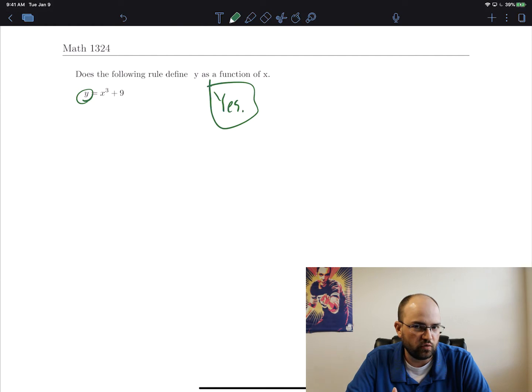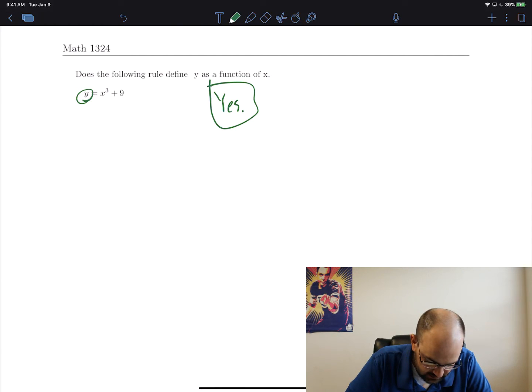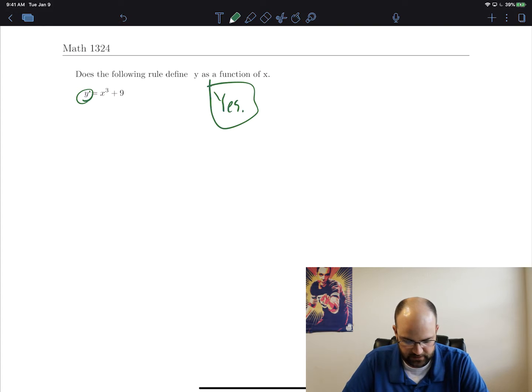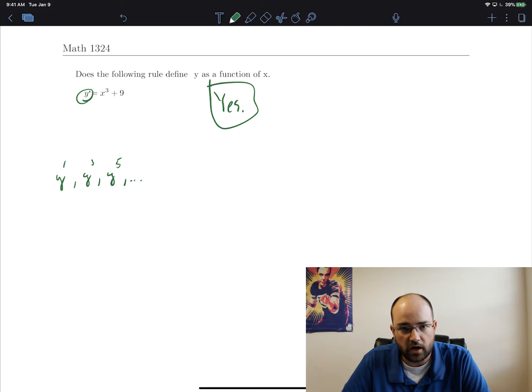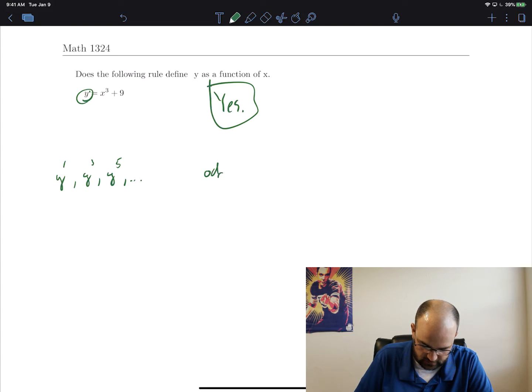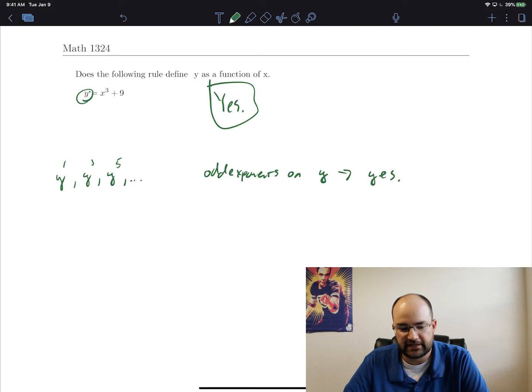What's the exponent on the y? The exponent here is 1. It's an understood 1, but it's 1 nonetheless. If we had y to the first power, y to the third power, y to the fifth power, and so forth, any of those odd exponents, that tells me that yes, it is in fact a function of x.